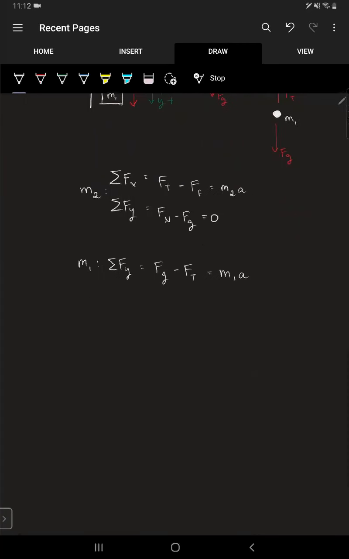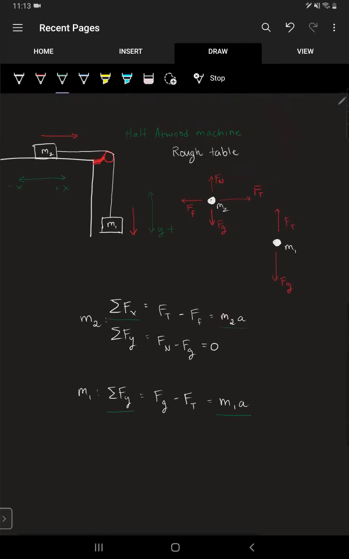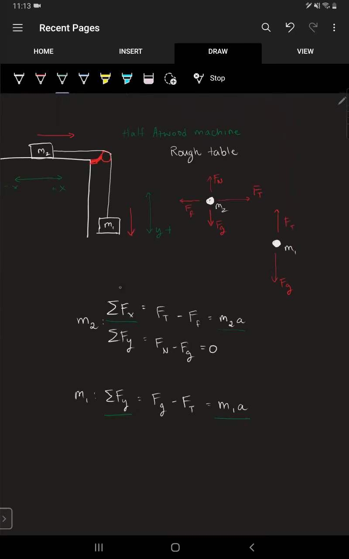If we solve for acceleration here, we know that the x acceleration of block M2 is equivalent to the y acceleration of block M1. Because if we let go of block M1, it has to go down as M2 goes to the right.